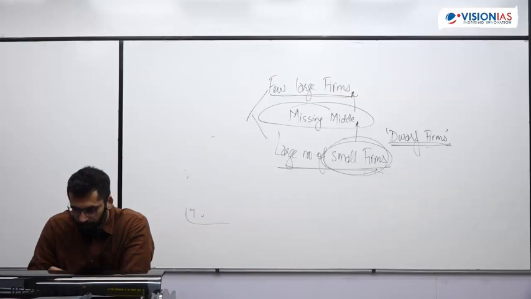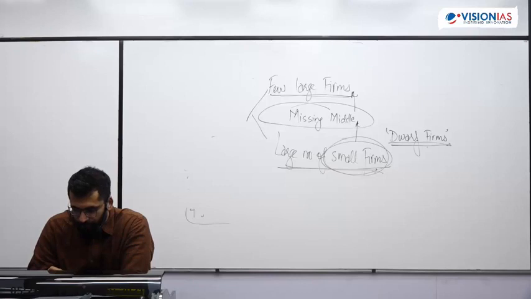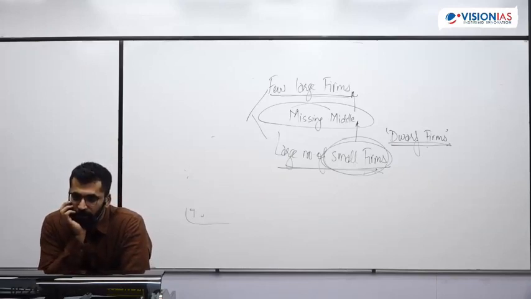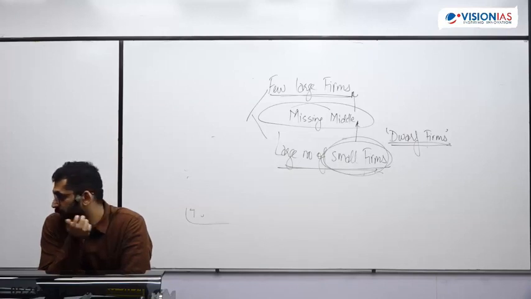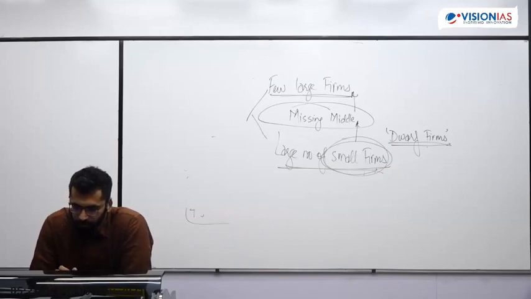Third, the lack of education and skilling policies led to lack of skilled labor required for expansion. Then you can write impact of this missing middle.